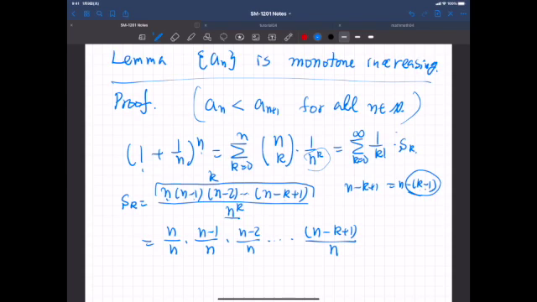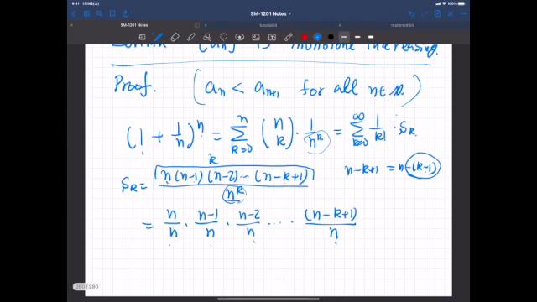So we can split everything into the product of k factors. In the denominator we have n to the power of k, which is a multiplication of n, k times. So we can split like this.